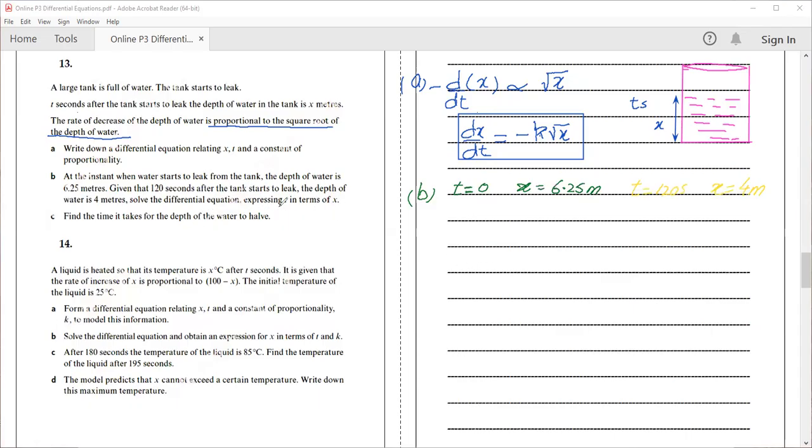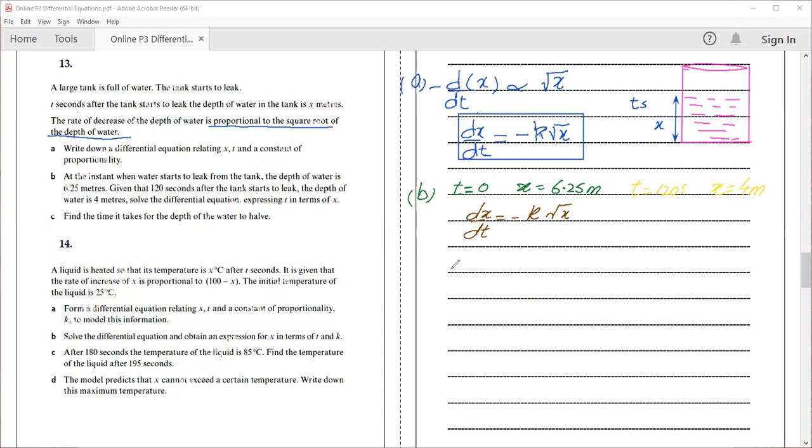Solve the differential equation expressing t in terms of x. Now we have to solve the differential equation. The differential equation is given. I will solve this one with the brown color. So I have dx by dt equals minus k times under root x.